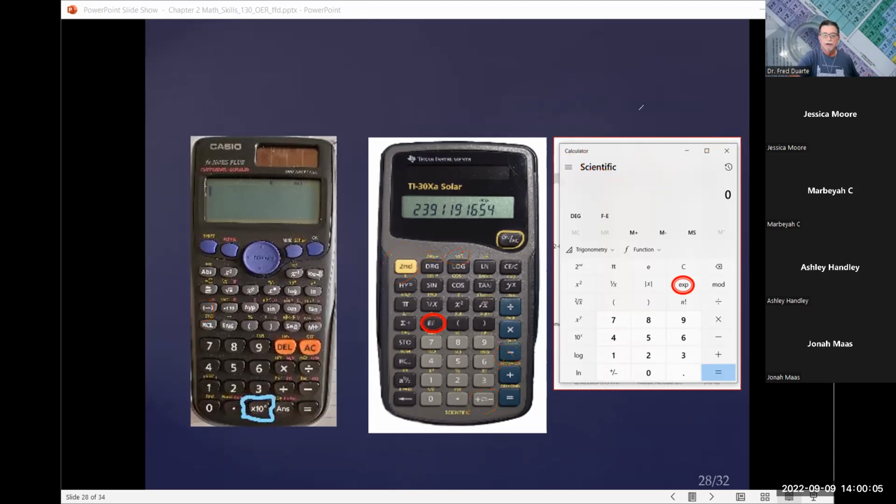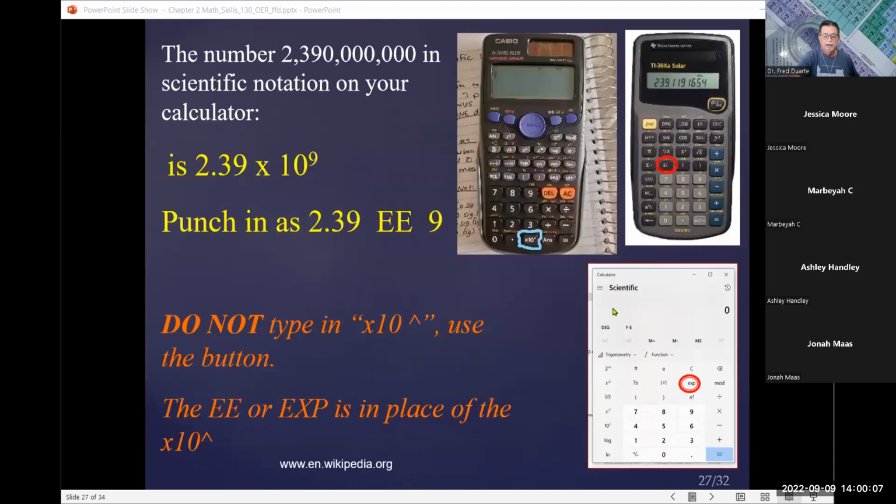So let's go back. What we want to do here is input this number, 2.39 times 10 to the 9th, into the calculator because we want to do some function.